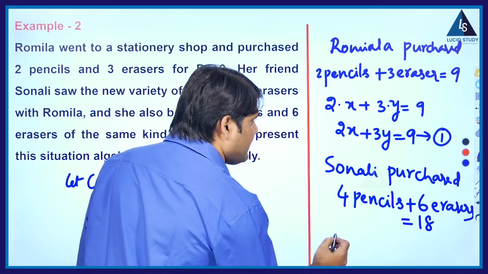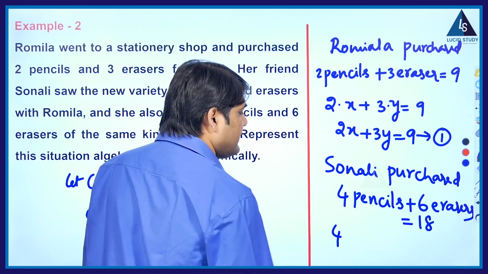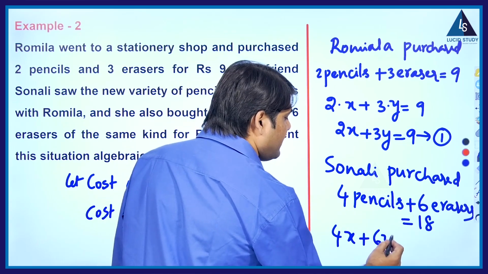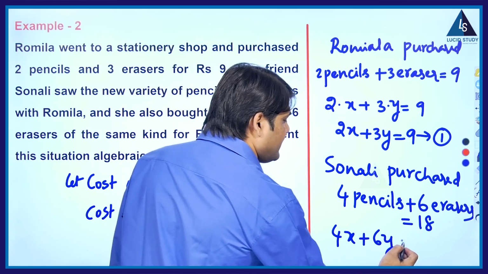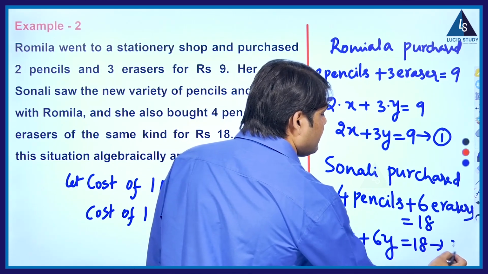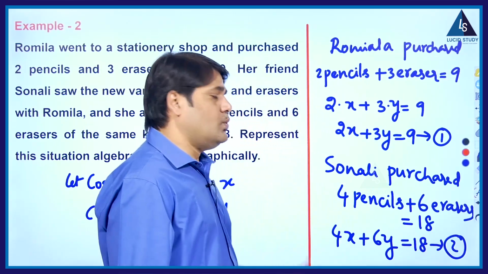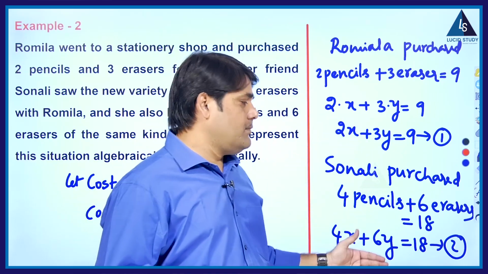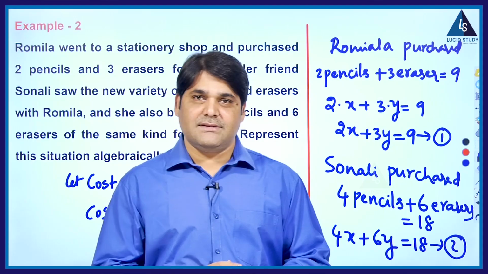So 4 pencils cost, each pencil cost we have assumed as x, so this will be 4x plus 6 into each eraser cost, which we have assumed as y. So that will be 6y, that is equal to 18. This is equation number 2. So the two situations we converted into a pair of linear equations.